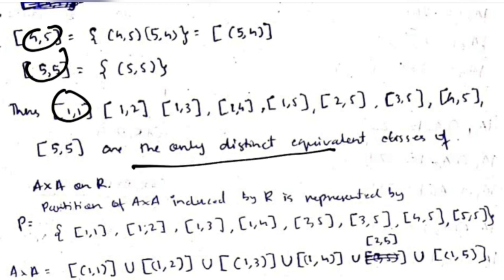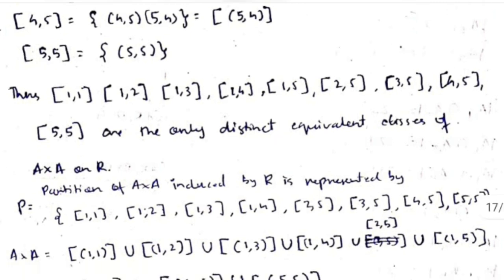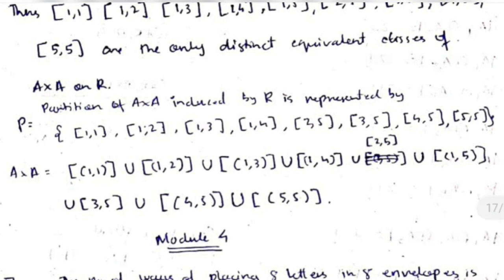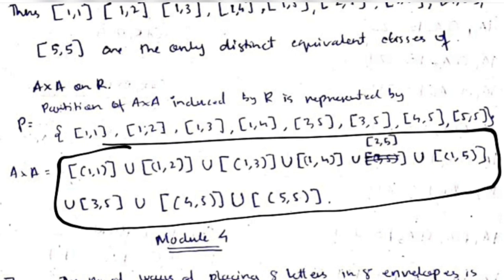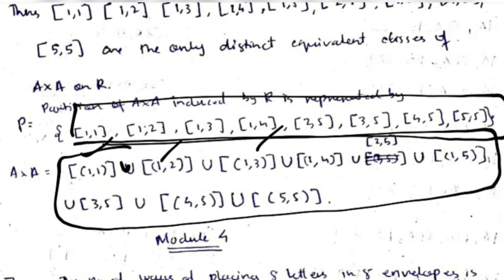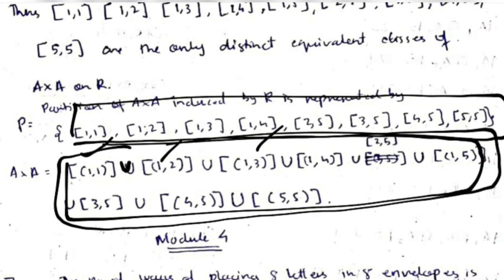In the partition we can include any of the classes, just that all of these classes should have distinct elements, and all the elements should be covered by these classes. So we will select those classes and we will make a union here, and that's the set which we need to write in the final answer.